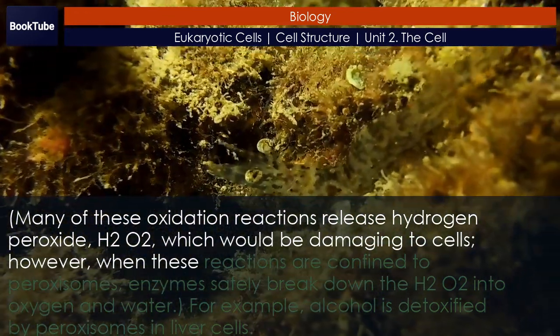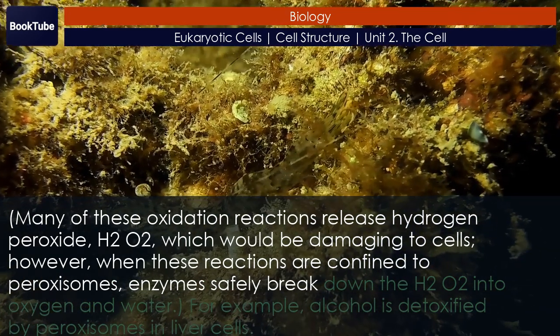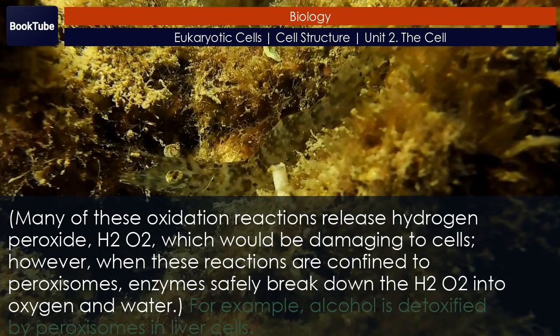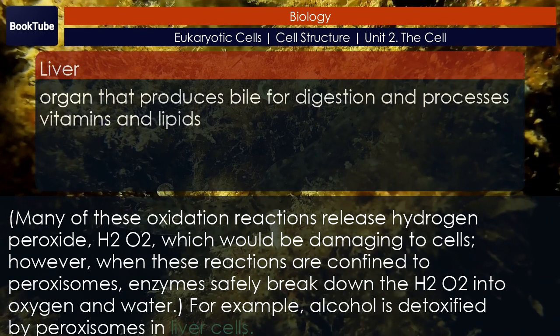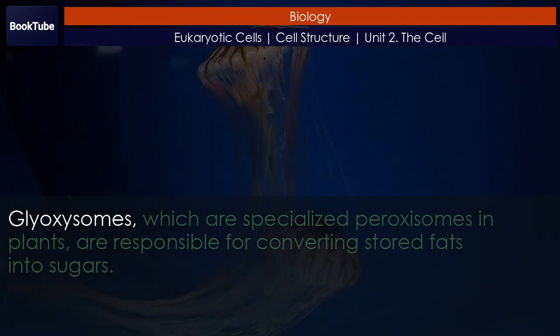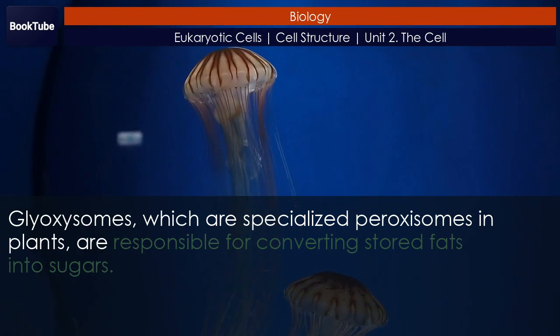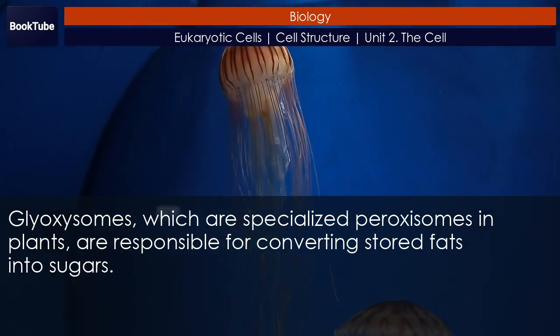However, when these reactions are confined to peroxisomes, enzymes safely break down the H2O2 into oxygen and water. For example, alcohol is detoxified by peroxisomes in liver cells. Glyoxysomes, which are specialized peroxisomes in plants, are responsible for converting stored fats into sugars.